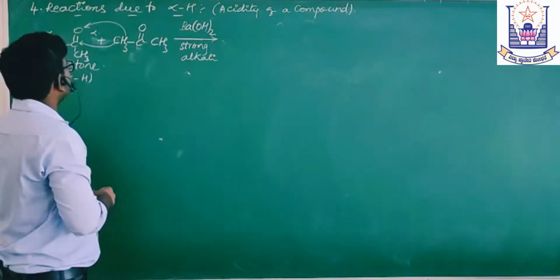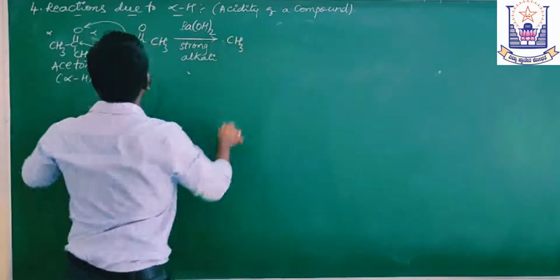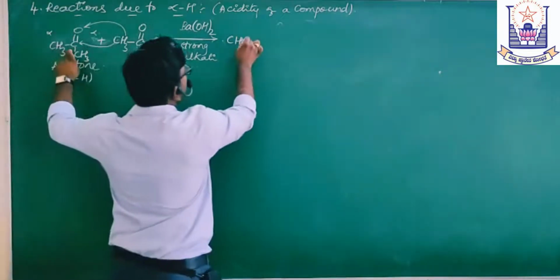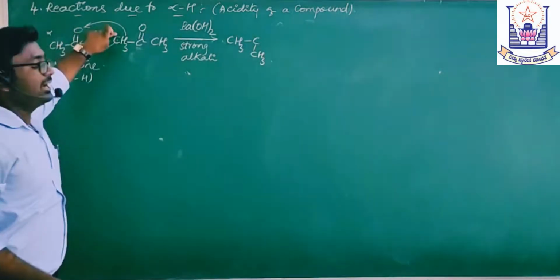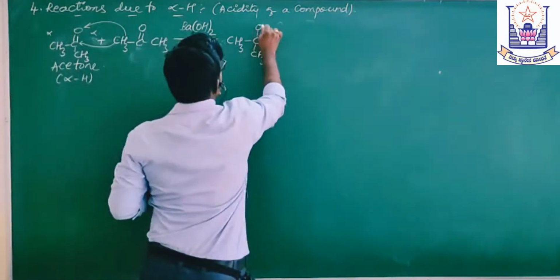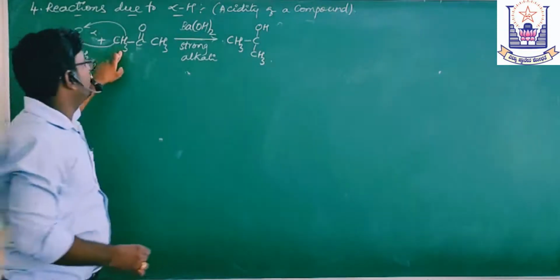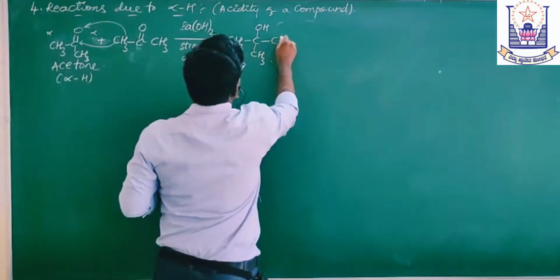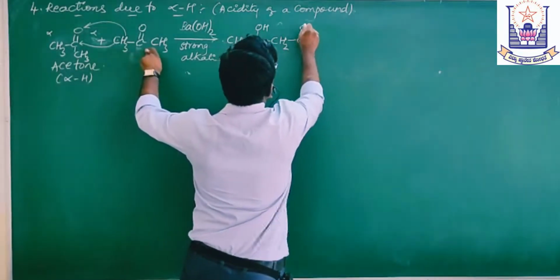Then CH3 is here, and this CH3 is not disturbed, and this O takes hydrogen, so it becomes OH, and this CH3 has one hydrogen left out, only 2 remain, so CH2, and the remaining part is C double bond O CH2.